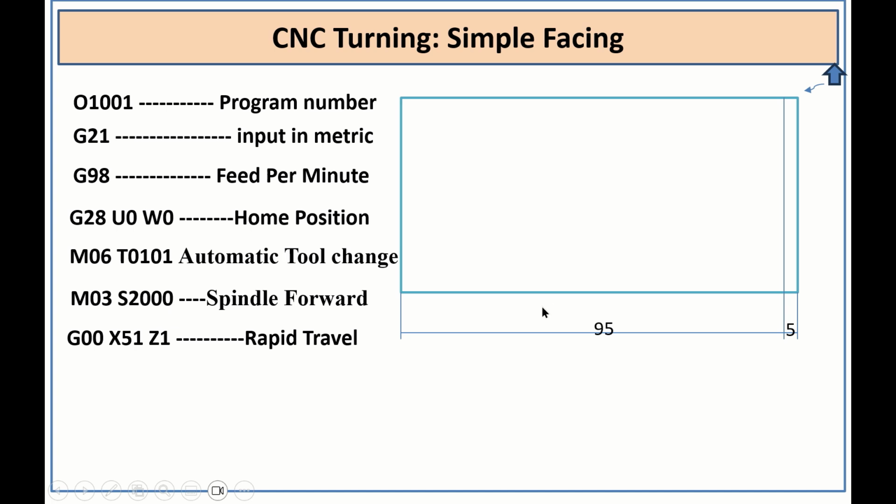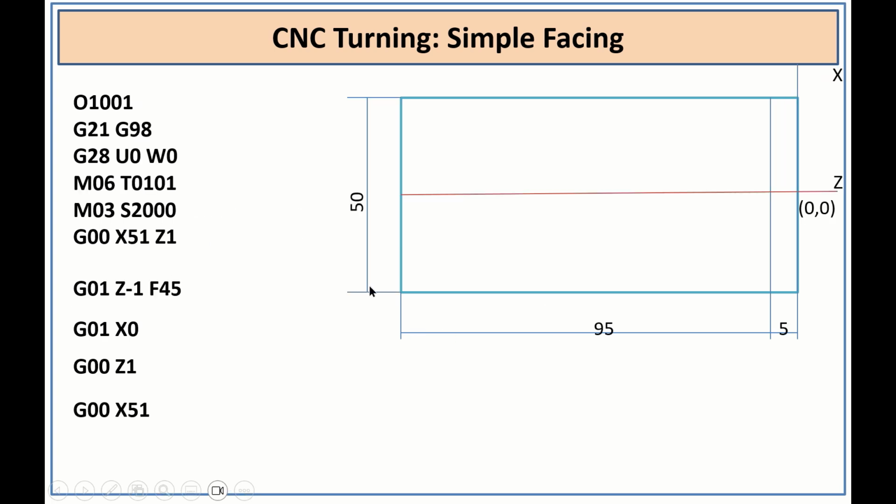Now let us consider this is a sample which is 100 mm by 50 mm diameter, and the axis of this sample I consider as Z axis, and this face I am considering as X axis, where Z and X axis meet. This point is called 0, 0, where X is 0 and Z also 0.